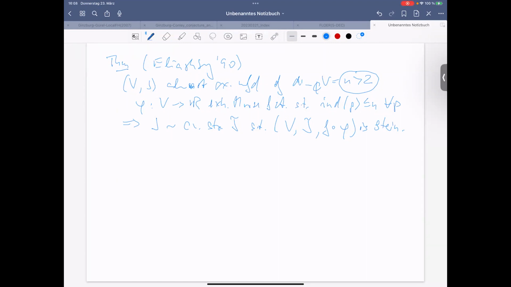So we need to extend it over each handle, and first you need to extend the complex structure. That turns out to be not so hard. The harder part is that you also need to extend your J-convex function that you had before over the next handle. That really requires some quite subtle local constructions of J-convex functions, and there's a lot more to be said, but let me leave it at that.